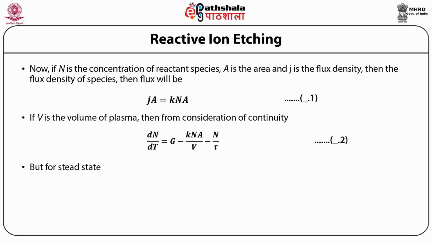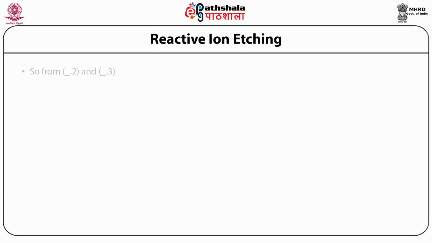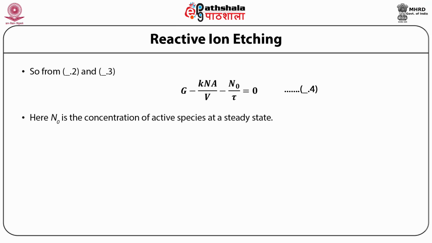But for steady state, dN by dt is equal to 0. So, G minus KN naught A by V minus N naught by tau equals 0, and here N naught is the concentration of active species at a steady state.